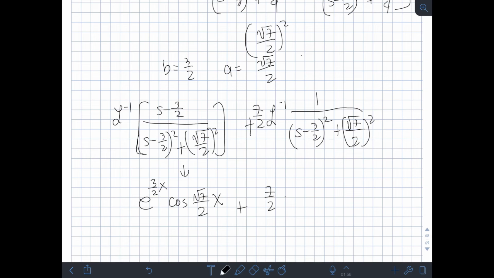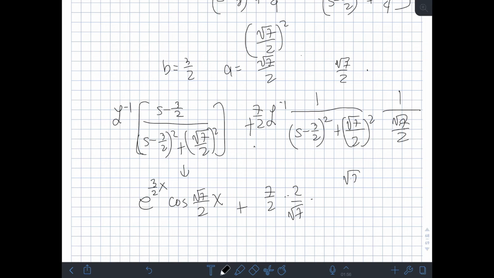So, to apply e^(bt) sin(at), we need square root of 7 over 2 in the numerator. To do that, we multiply the numerator by square root of 7 over 2 and, at the same time, the denominator by square root of 7 over 2. Okay? So, this square root of 7 over 2, I set aside because it is a constant. So, we have 7 over 2 times 1 over square root of 7 over 2, or 2 over square root of 7, right?